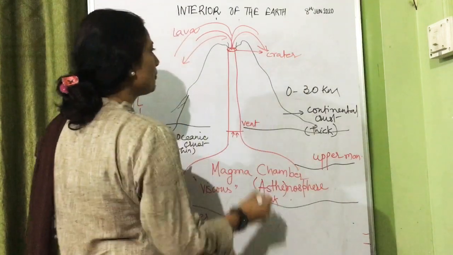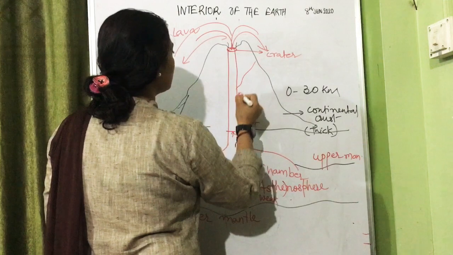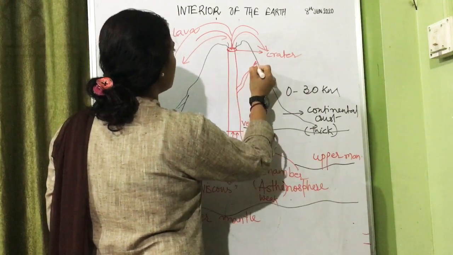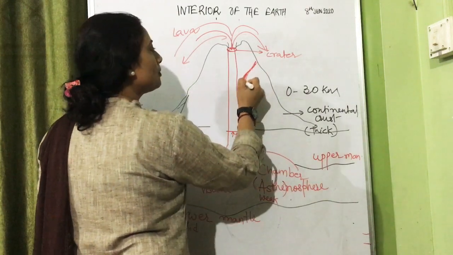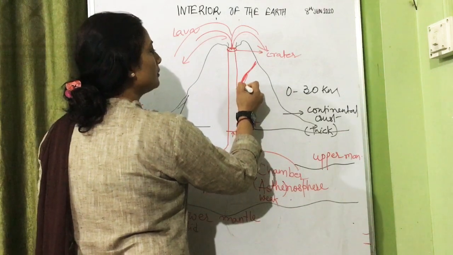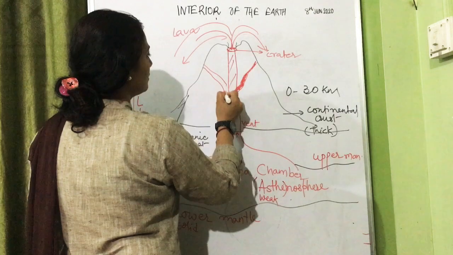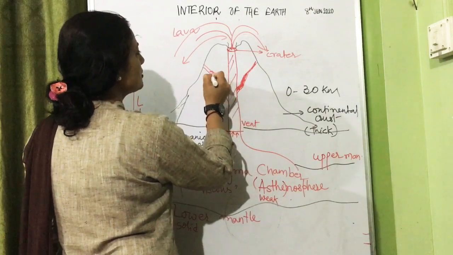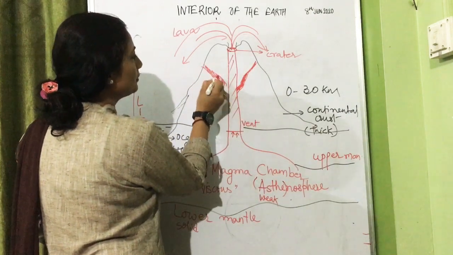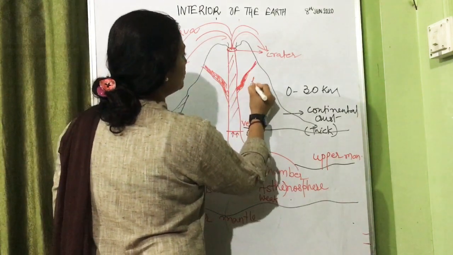Sometimes it has been seen that there are some gaps in between and magma tries to come out from these gaps. The lava tries to come out through these gaps. So these are your fissures.